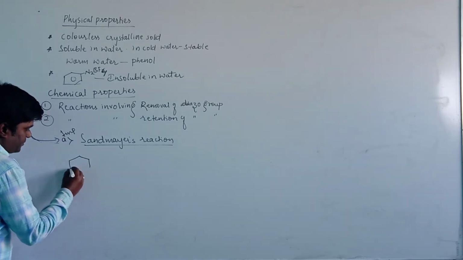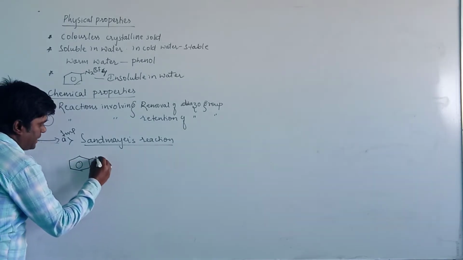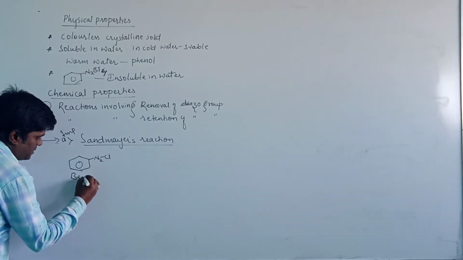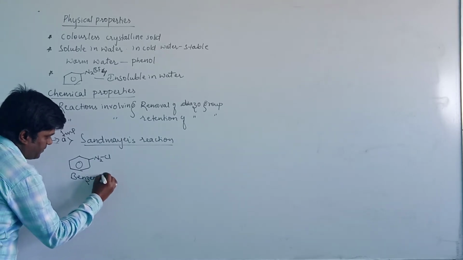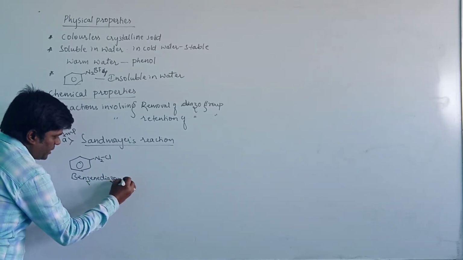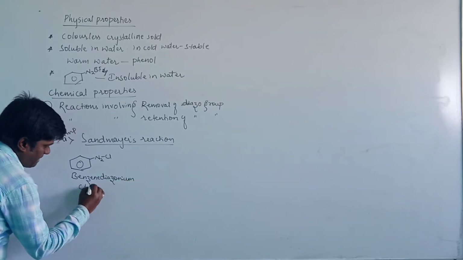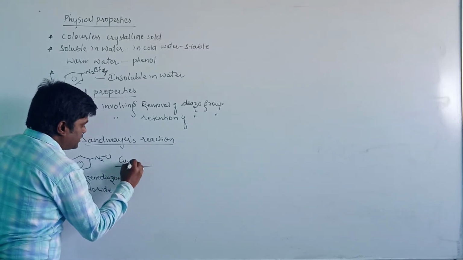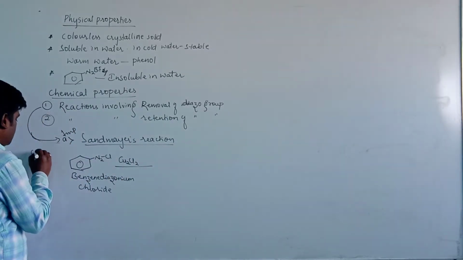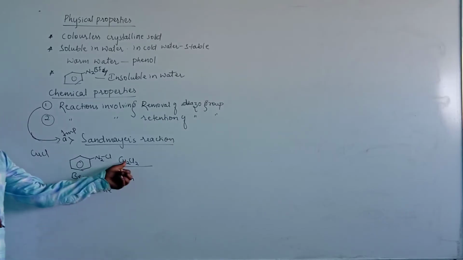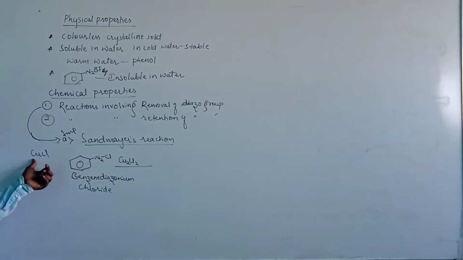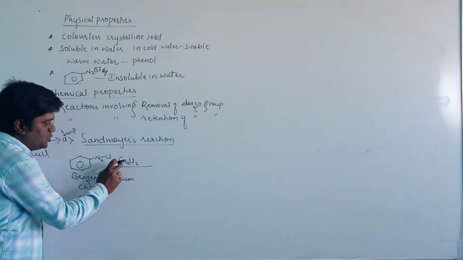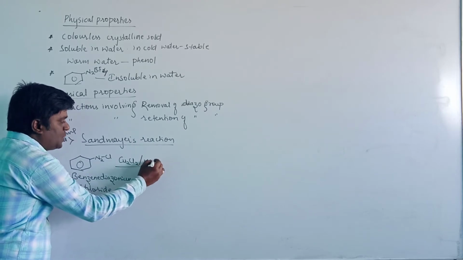We take benzene diazonium chloride and react it with cuprous chloride, that is Cu2Cl2 or CuCl, in hydrochloric acid.